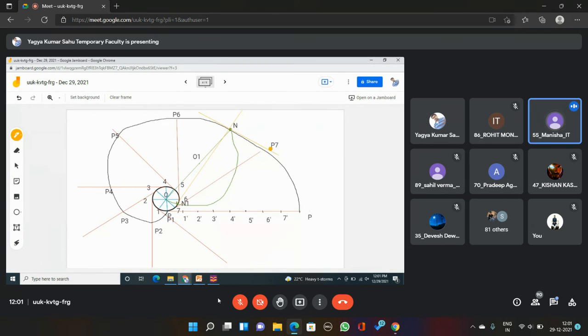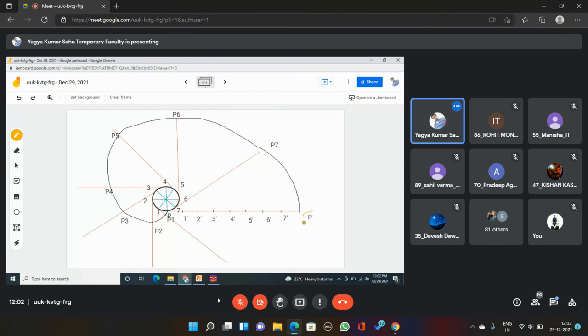Okay. Suppose in the same question, I'm removing this thing up to this particular point. Now suppose in the same question, the length of the string is less than the circumferential length. So what will happen? If the length of the string is less than the circumferential length, what about the position of this last point P?